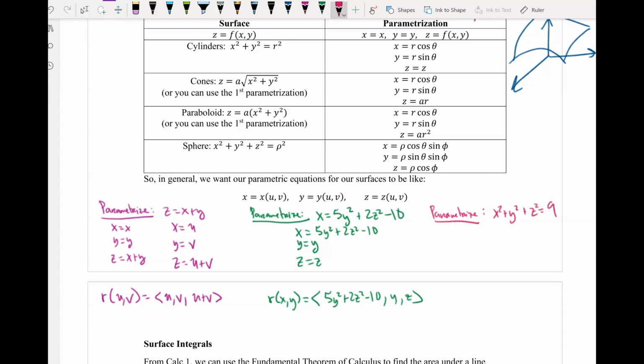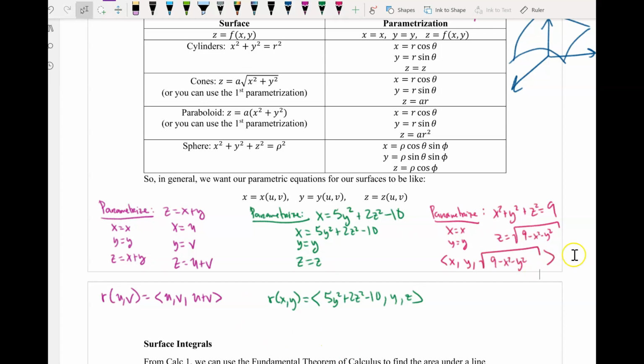You can easily have it as x equals x, y equals y, and then z equals the square root of 9 minus x squared minus y squared. So you can definitely do something like that. And let's say we were just looking at the top half of the sphere, then you could easily have x, comma y, comma square root of 9 minus x squared minus y squared.